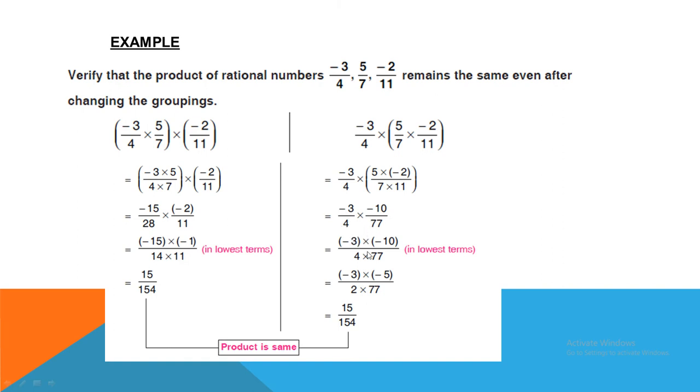Here I see that I can cancel 10 and 4 on table of 2. Clear? So when I cancel it, I get minus 5 in numerator, 2 in denominator. So negative into negative again will be positive. 77 into 2 will be 154. In both cases the result comes out same. Left hand side is same as right hand side. So associative property is satisfied. Okay, so have you understood?